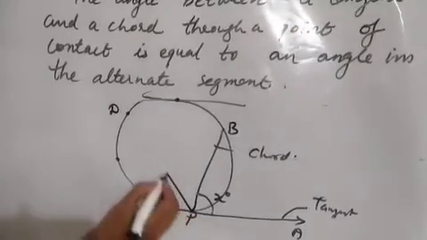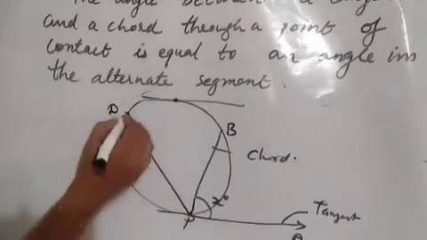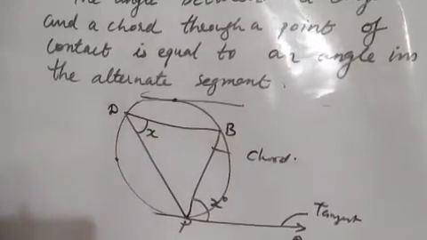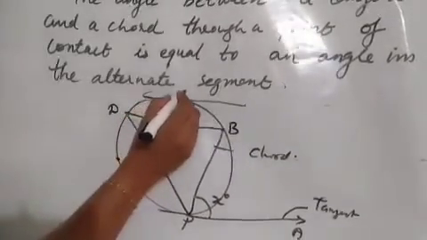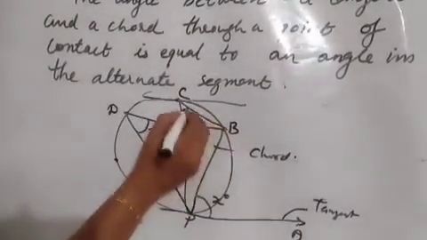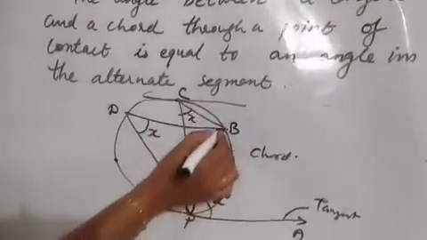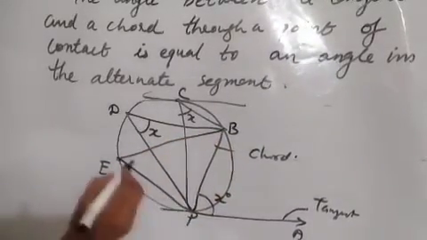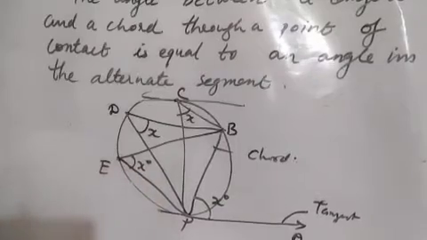So the angle in the alternate segment, PAD, is also x degree. Or we can mark the point as C. Then PCB is also x degree. Or we can consider this point E. Then PEB is also x degree.